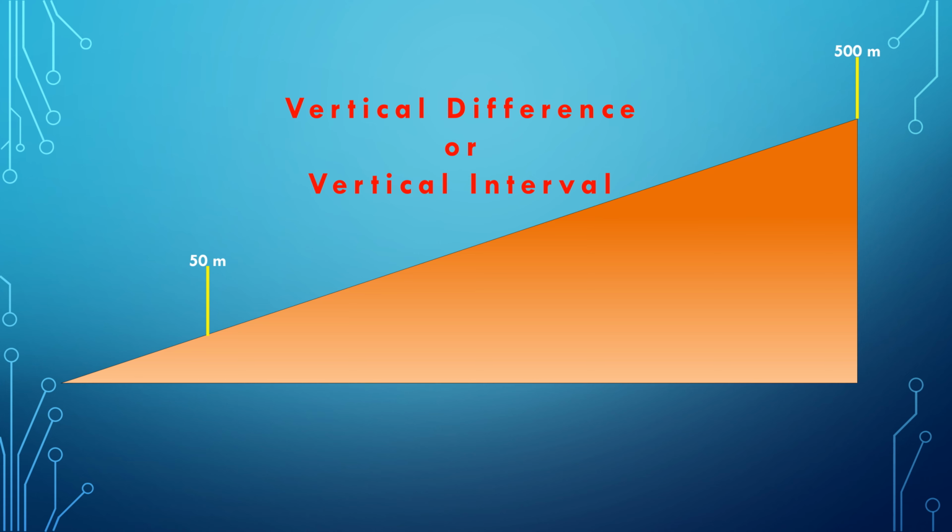It doesn't matter which term you use, it's the same thing. But the most popular term that is used, especially here in the Caribbean, is vertical difference. But then again, as I said, vertical interval is also used, and it's perfectly okay if you use it.